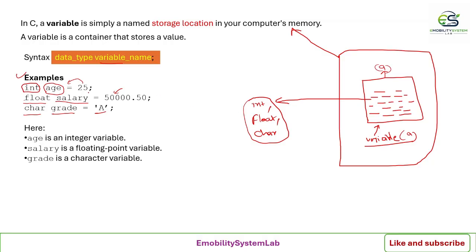So it is very important for us to define the data type before writing the variable name, otherwise we will get confused, and we will not find the exact location where we need to store the data. Suppose I am taking 3 containers and naming them A, B, C. These containers are basically variables, and in them I will store some values.